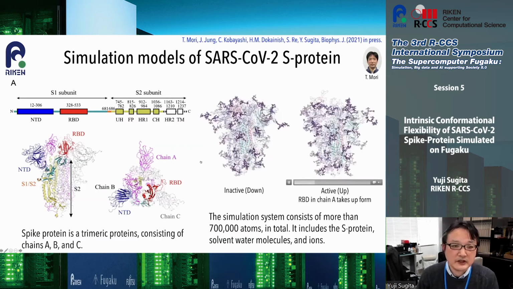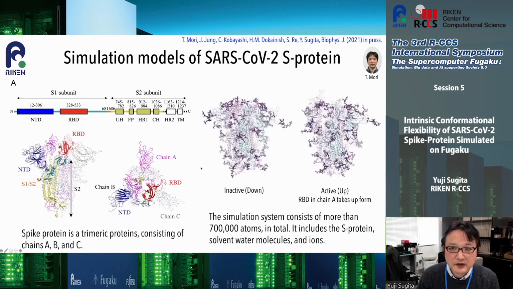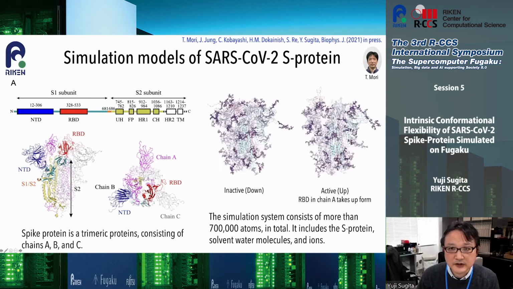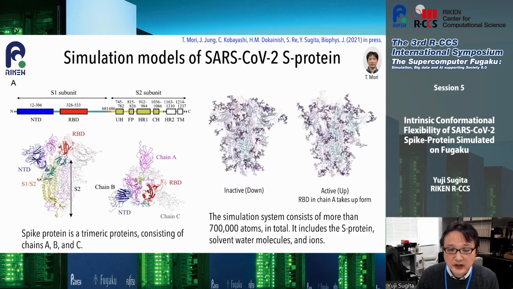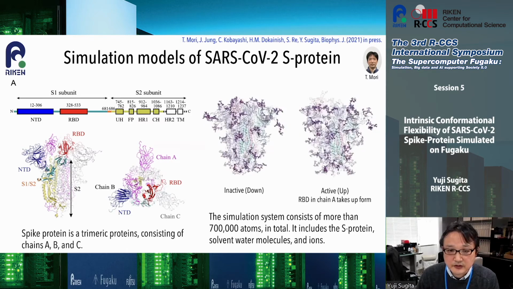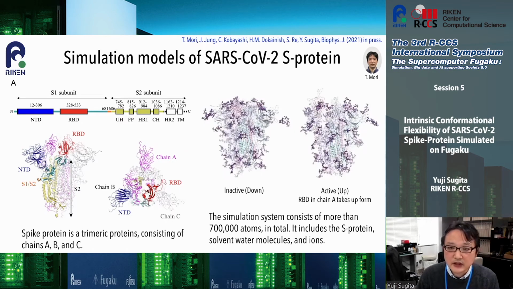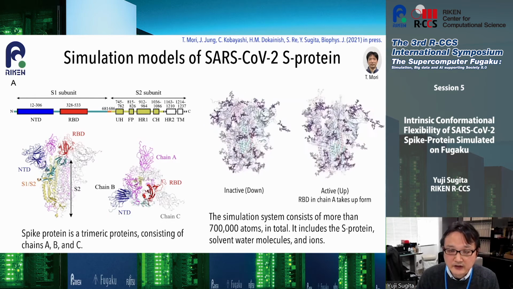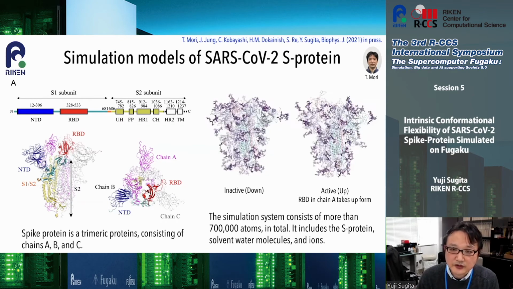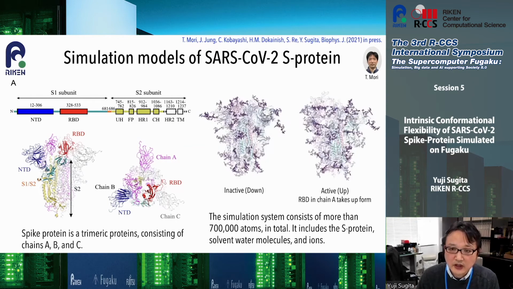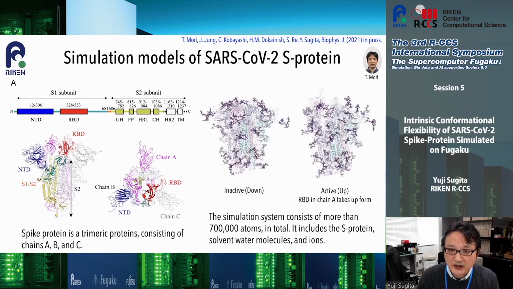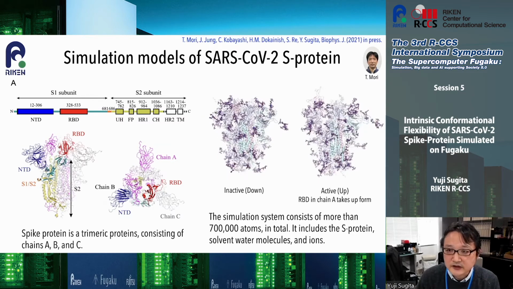So using Genesis, we are simulating the spike protein on the surface of SARS-CoV-2 in solution. In this simulation, we use Wonpyo's model of the spike protein with attached glycans.